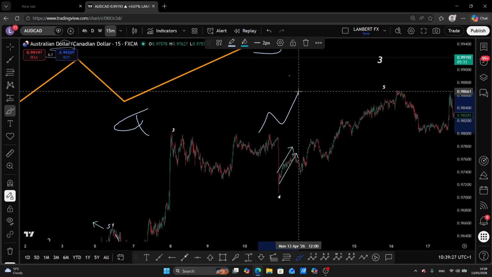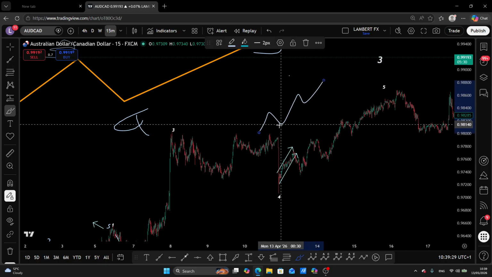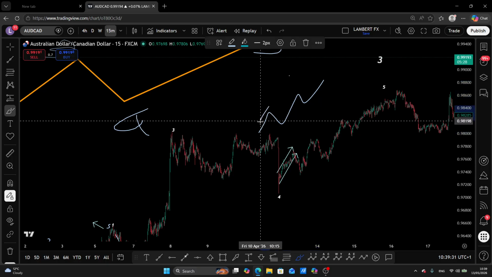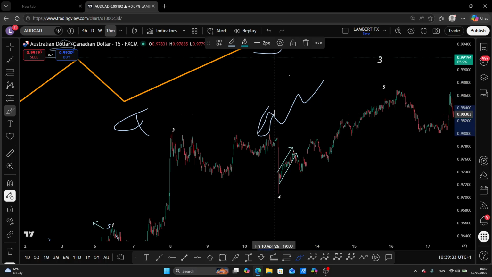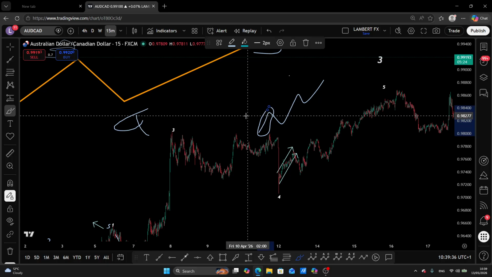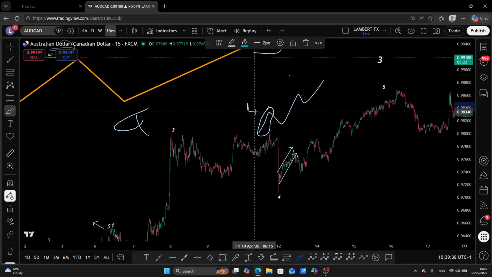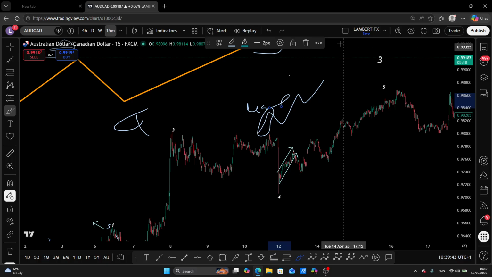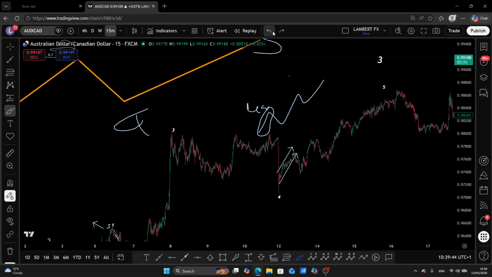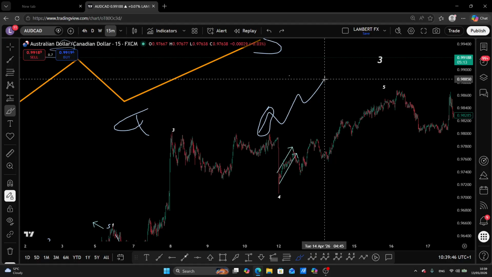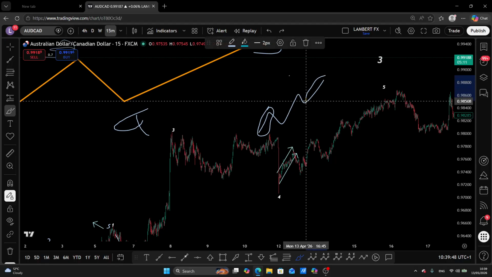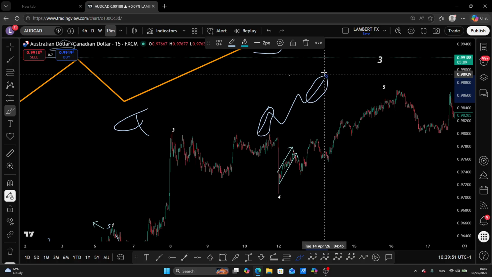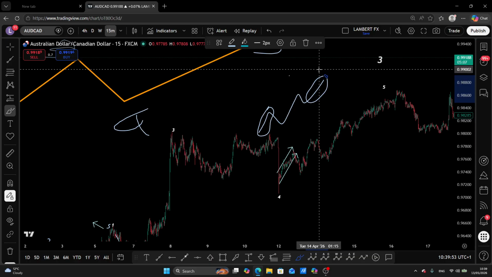This right here is an impulsive leg. In your leg 1 or your leg A, you get what is called a leading diagonal. It's called a leading diagonal. And in your wave 5, your final wave, or your leg C, you get an ending diagonal.